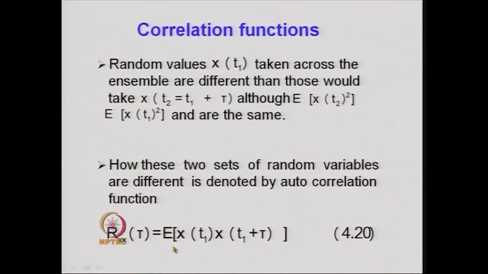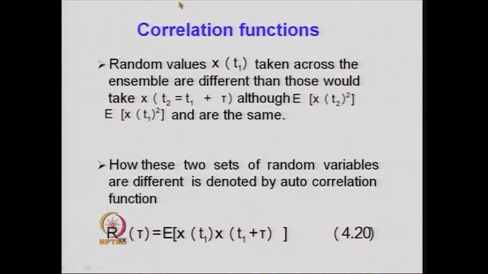So, we write the expected value of x(t1) multiplied by x(t2), in place of t2 we write t1 plus tau. This is the definition of Rxx(tau).